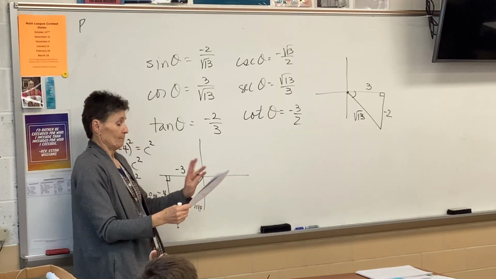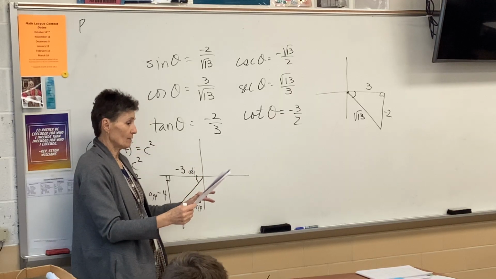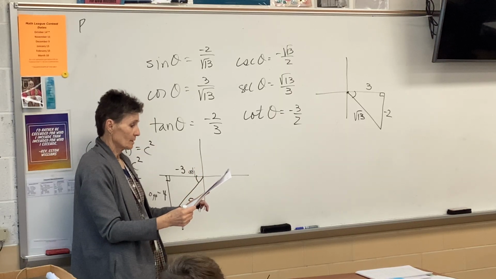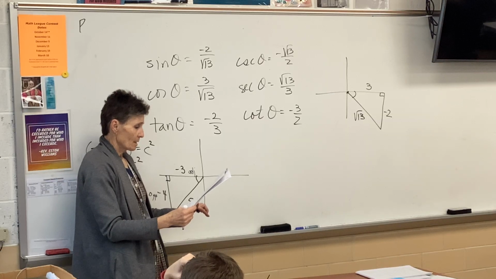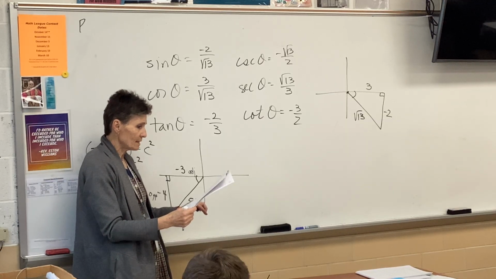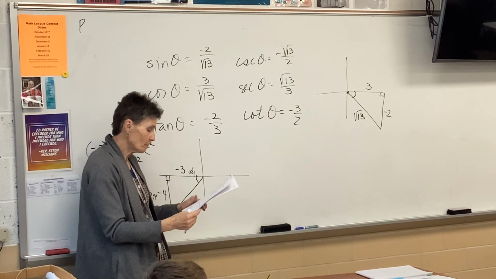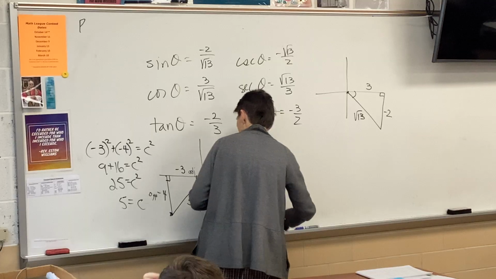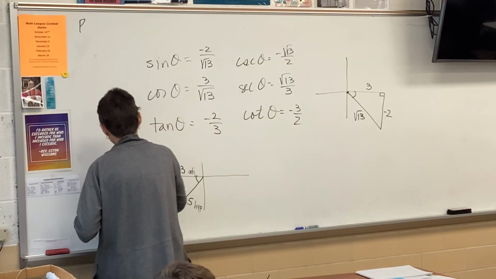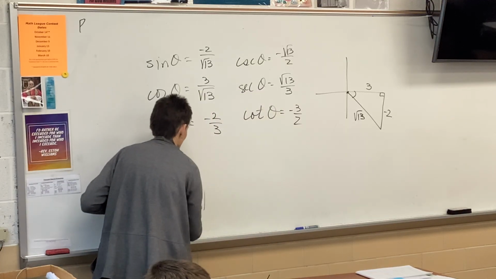Oh gosh. B looks a little bit trickier there. Let's see what's going on there. Point P is on the terminal side of theta in standard position. What in the world does that mean?